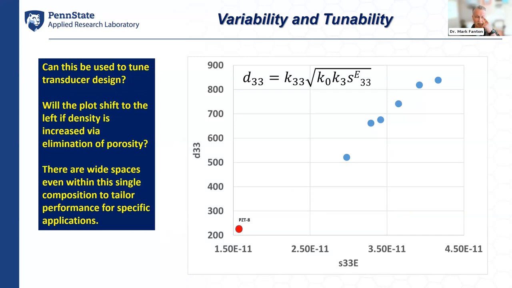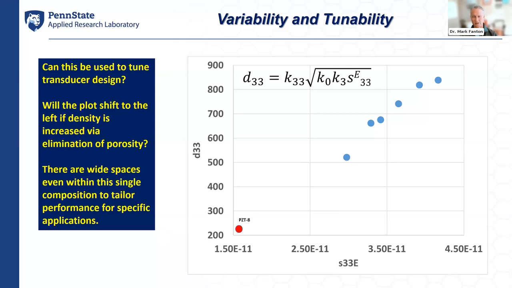Thinking about this at a higher level, I've already sort of alluded to the idea that perhaps you can use process control here as a way to tune the material. This particular plot shows a more or less linear relationship between the D coefficient and the stiffness, driven by the algebra that we're all kind of familiar with here.